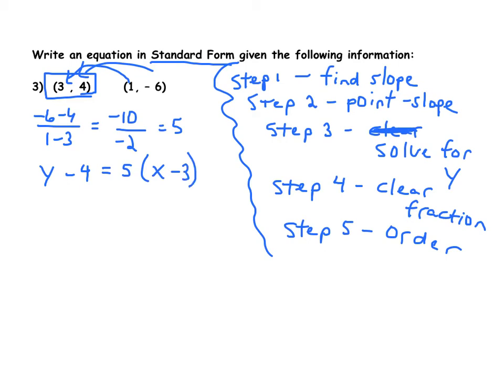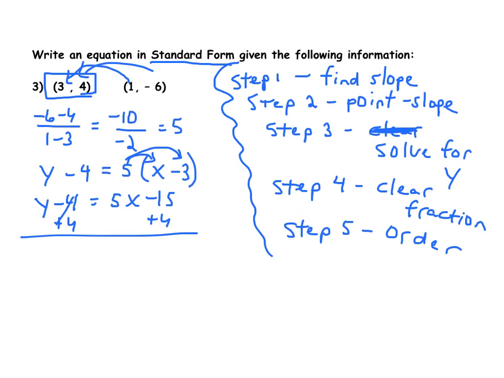Then my step 3 is I'm going to solve for y. And then I get 5x minus 15. So remember, we distribute. Then I add 4. So I end up with y equals 5x minus 11.